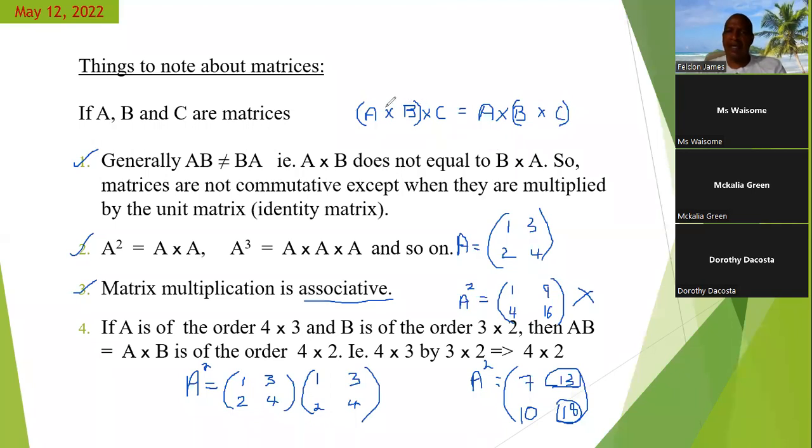If you multiply A times B in brackets, then times C, you will get the same as multiplying B times C in brackets and then A times it, you will get the same answer. That's the associative law. So we are saying that matrix multiplication obeys this law.